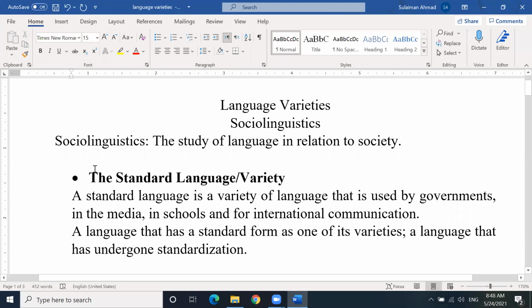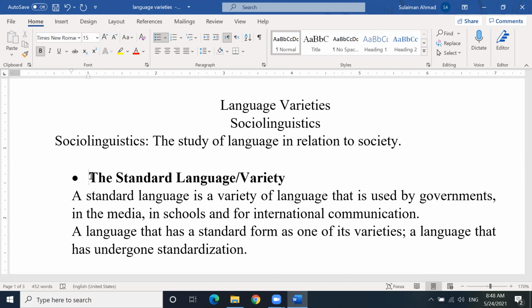So what is the standard language or the standard variety of English? Same is the case with Urdu, same is the case with Pashto. Pashto is spoken in Afghanistan, it's spoken in Pakistan and KPK particularly, and in many other countries as well. But what is the standard dialect of Pashto?